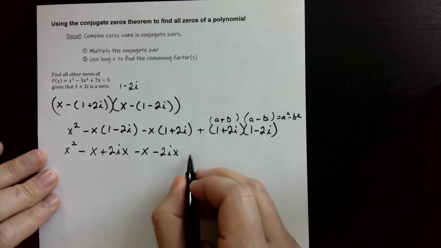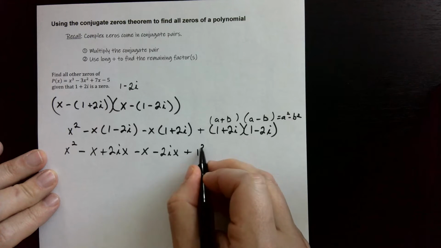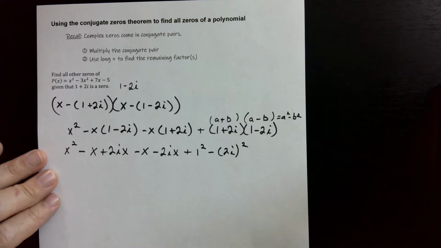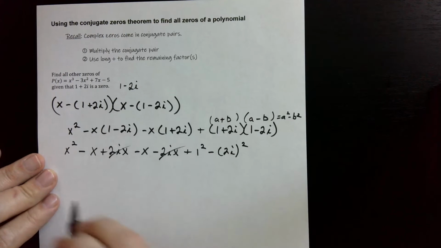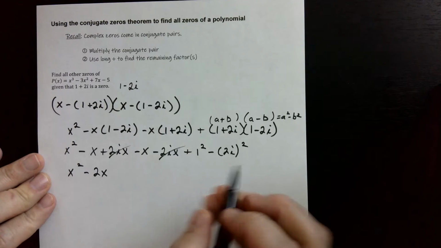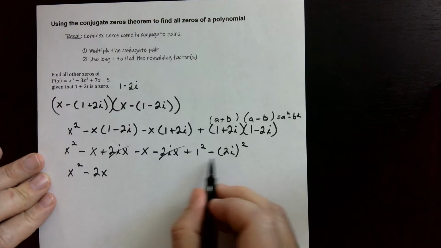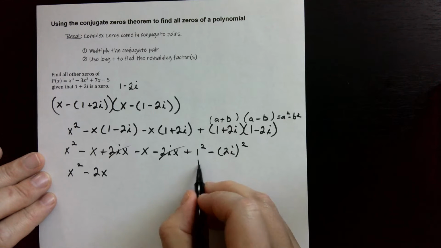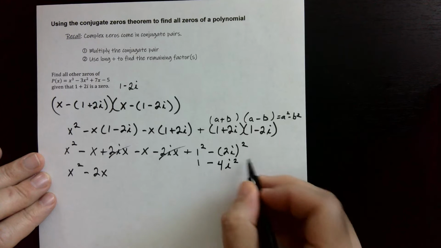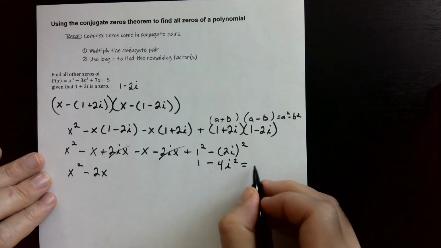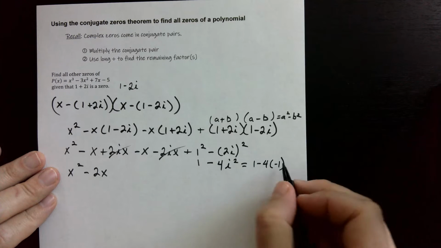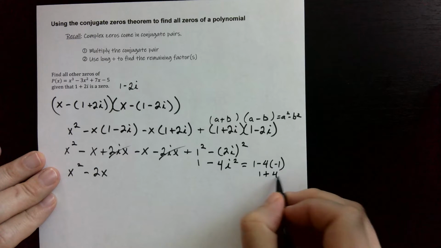Okay, so this will be plus 1 squared minus 2i squared. Alright, so let's cancel out these two middle terms. We get x squared, combine our x's, minus 2x. And then these two, looks like they're going to be numbers. That's going to be 1 minus 4i squared, which is going to be 1 minus 4 times negative 1. That's 1 plus 4, that's 5.